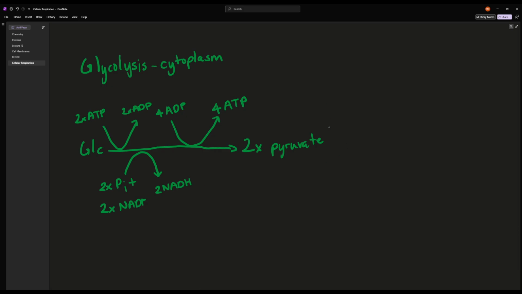Now, this pyruvate can undergo 2 pathways. First one is the reductive pathway. It undergoes reduction. Okay, it can also undergo oxidation. Now, why would pyruvate undergo reduction? Well, let's consider a thought experiment. If we just had glycolysis going, gradually what we would have happen is all our NAD plus is going to be converted to NADH.